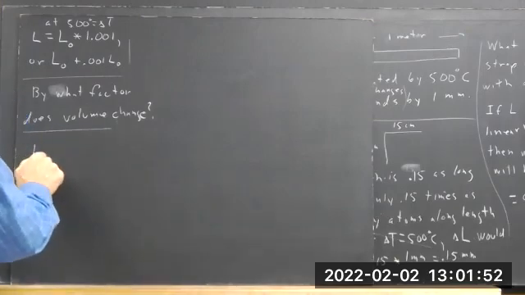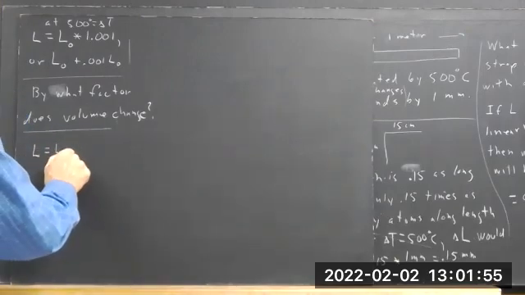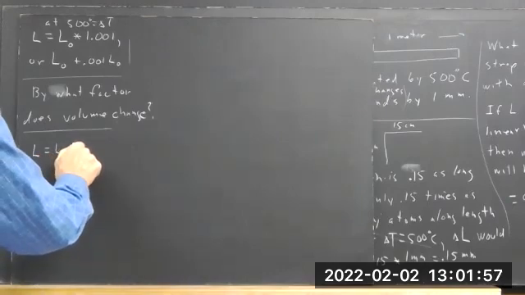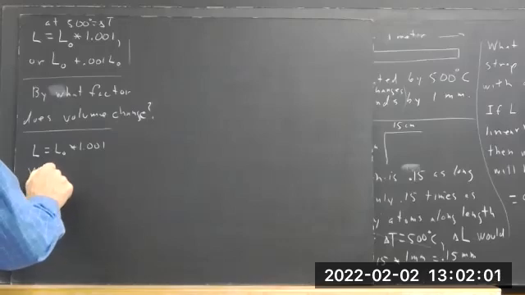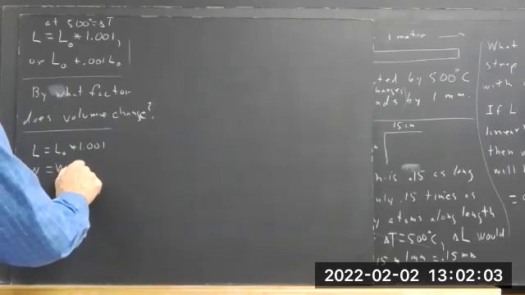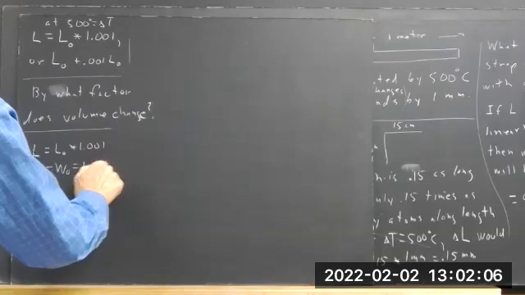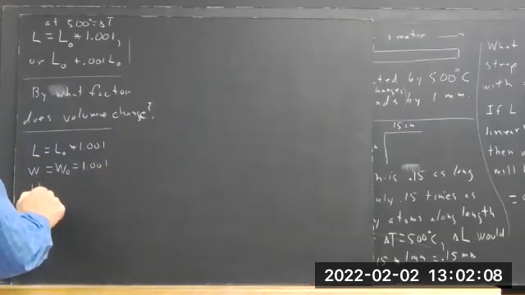Well, the length will be your original length times 1.001. Let W be your width, and let H be your thickness.